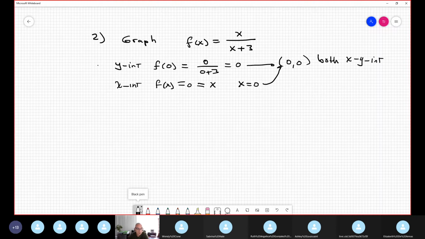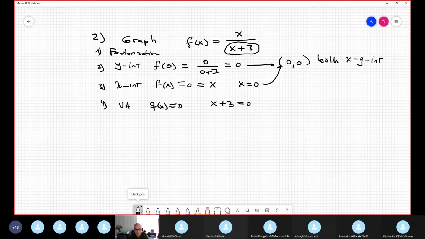Okay, this is step 2. Step 3 is factorization again, but it was missing because it's a prime expression. Step 4 is the vertical asymptote. To determine the vertical asymptote, you take q of x equal to 0, so always the expression in the denominator equal to 0. x plus 3 equals 0, x is minus 3.